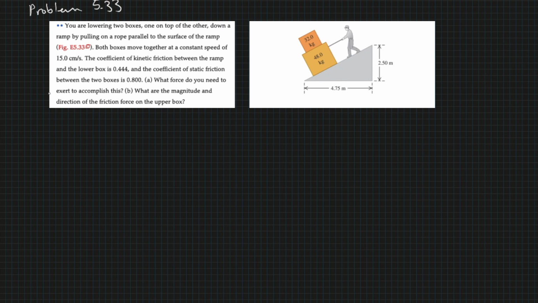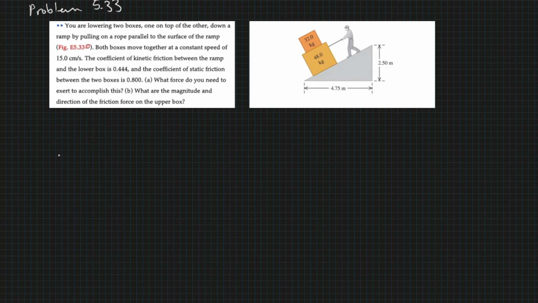All I really care about here is what we are doing to this system, in this case pulling on it with a rope, and what we want the system to do, which in this case is maintain a constant speed of 15 centimeters per second. So how do we do that? I don't really care about what the internals of the system are doing, what the two boxes are doing, but I care about the whole thing.